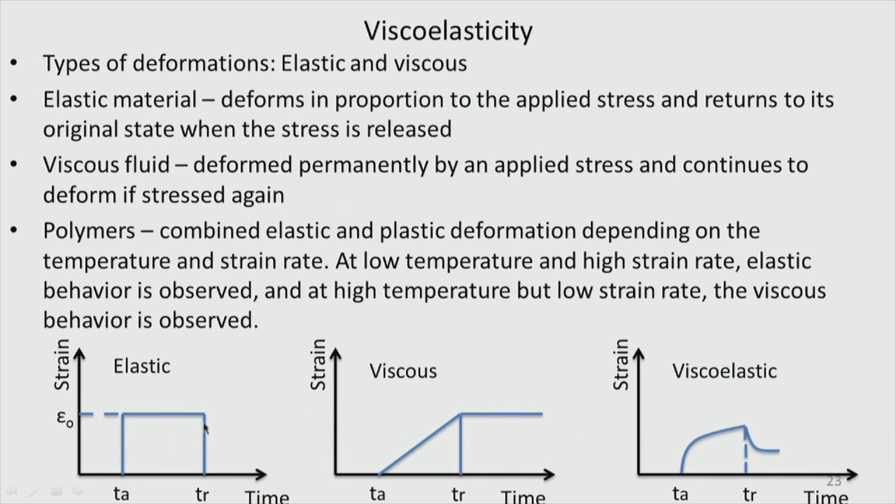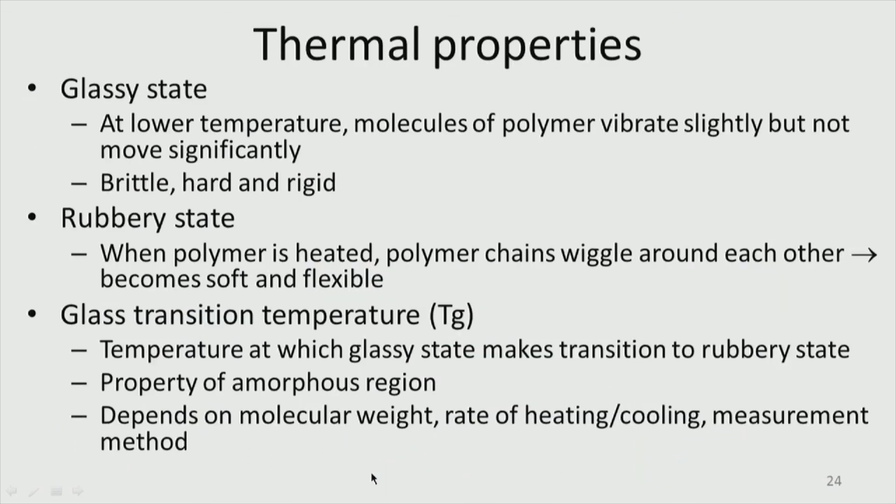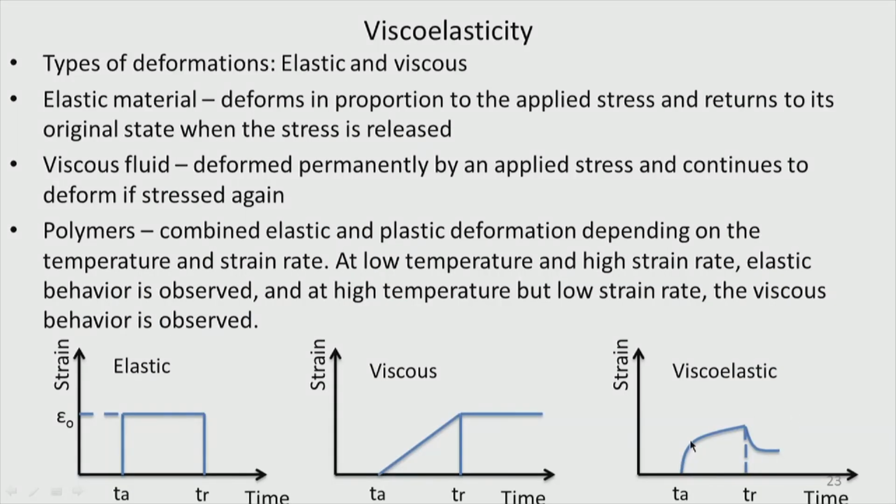As soon as the stress is released, it comes down. Whereas a viscous material takes longer to reach that value. A viscoelastic material slowly reaches it and then comes down, but it never fully returns to the original state.